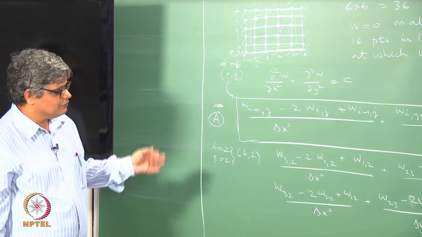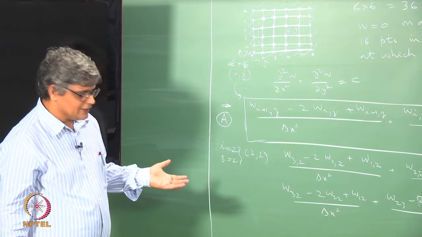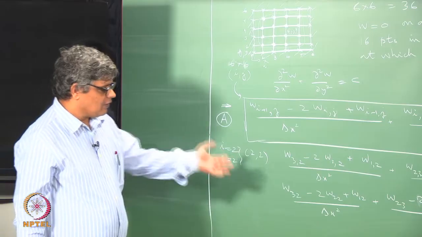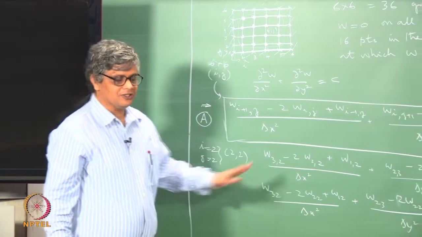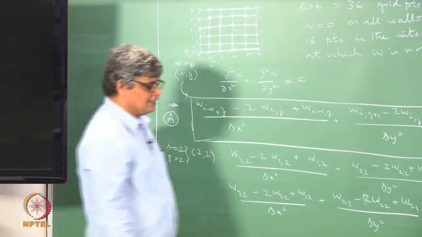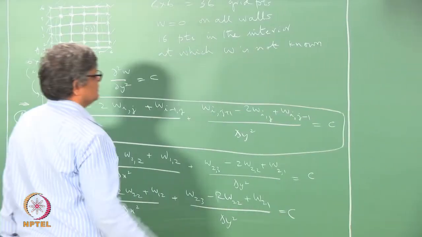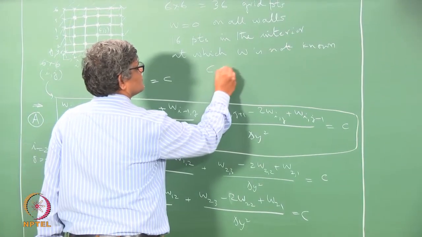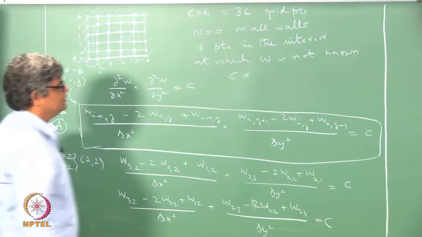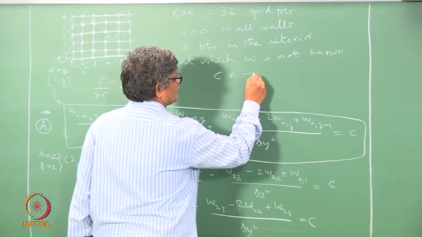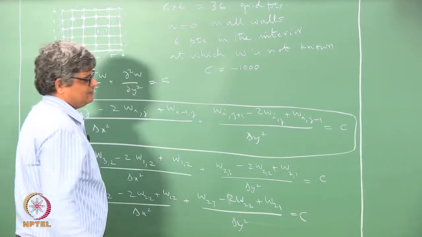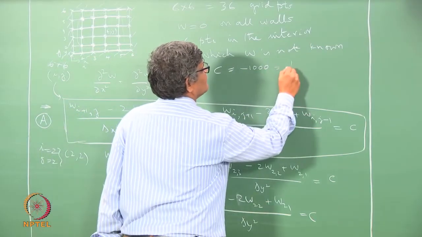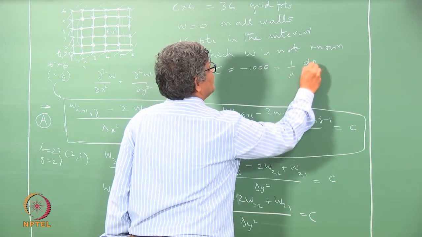In order to make further progress, we can substitute all the variables that are known in this. For example, C is a given value. So let us take, as part of the problem formulation, C to be minus 1000. This is actually 1 by mu dp by dz.